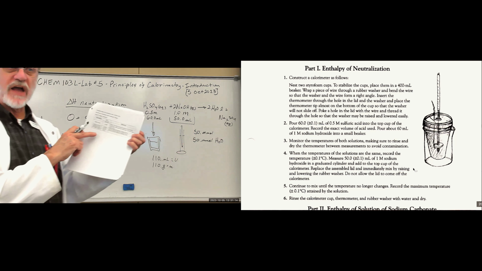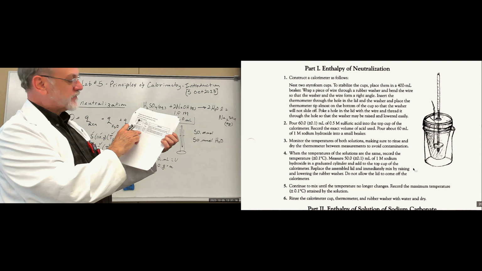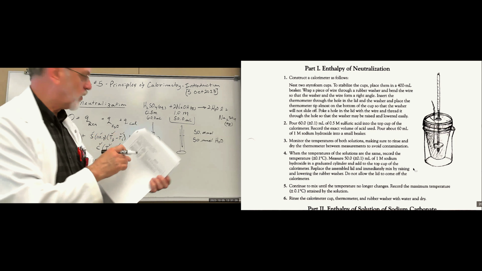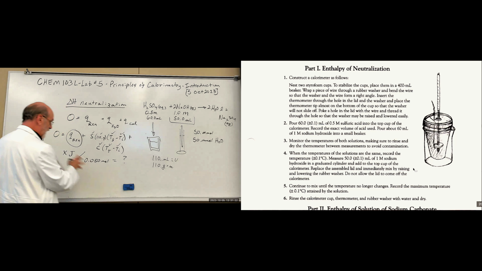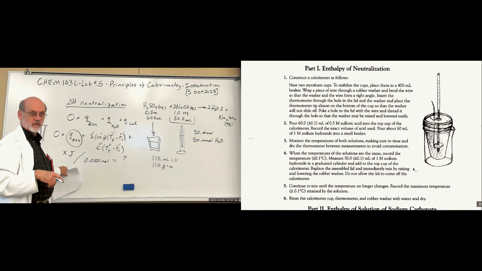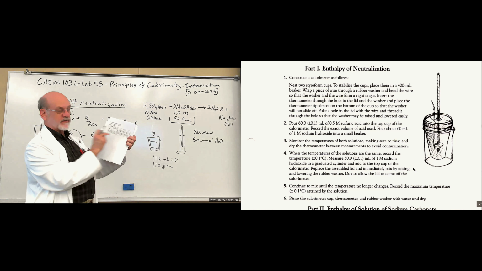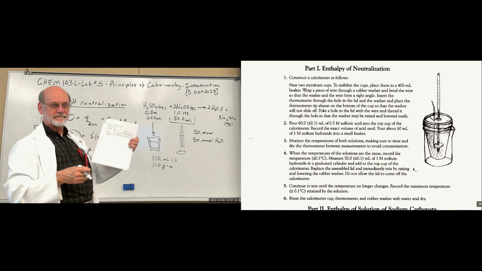That's an acid-base reaction. And the accepted value is minus 57.9 kilojoules per mole. So to compare it, right, this is joules, you're gonna have to divide by 1,000 to get kilojoules. Okay, once you've got that value, then you can compare it to this one and see how close you are.